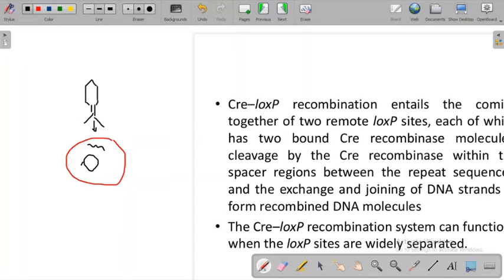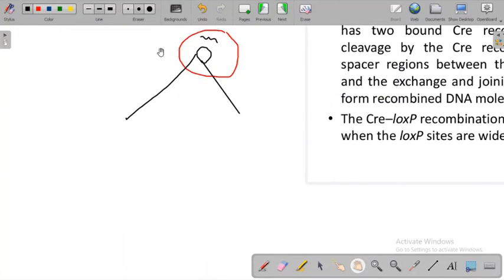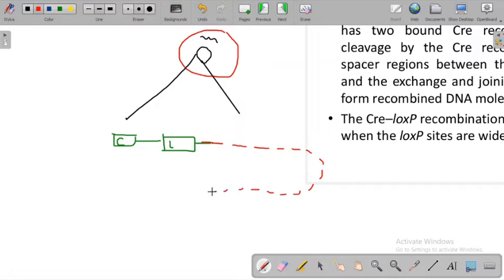Now if we enlarge one of the fragments, see, there is a Cre protein, and this is one of the LoxP sites. There are several other genes in between. This is circularizing DNA, and again there is a LoxP.